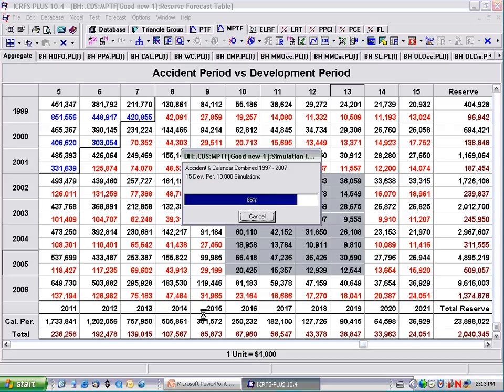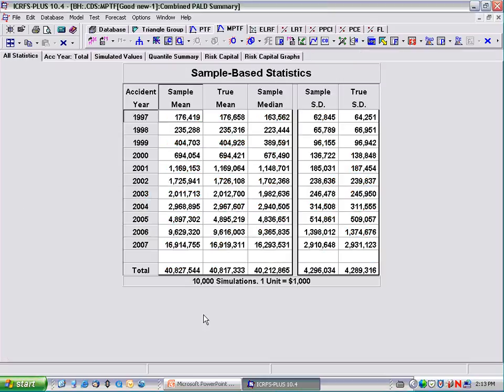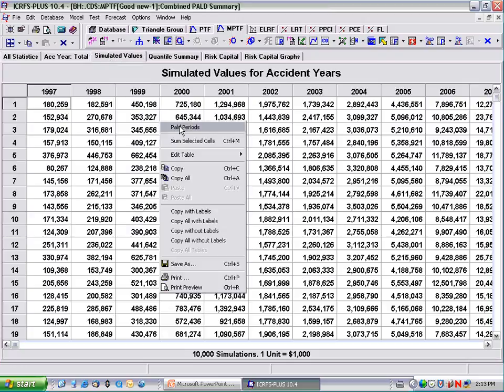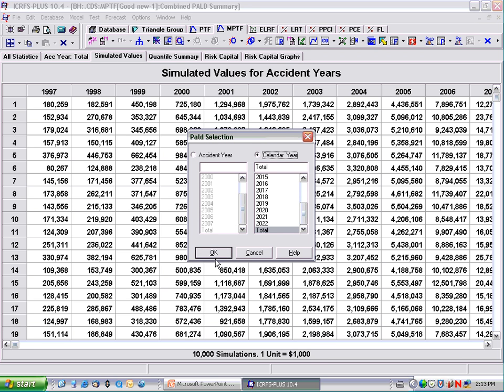And we'll create somewhere between 50 to 150 tables and displays. So these are the simulated values by accident year for the aggregate. These are the simulated values by calendar year for the aggregate.